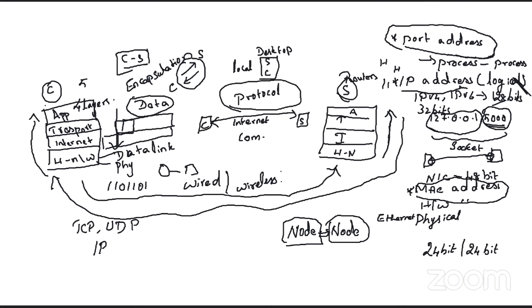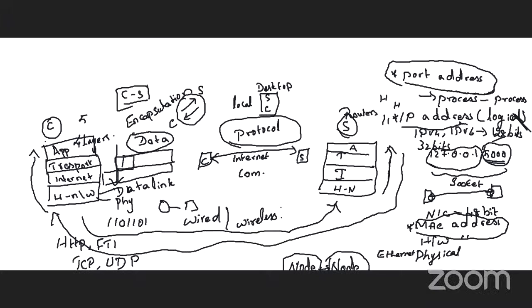And in the application layer, whatever protocols you have studied: HTTP or HTTPS, FTP, DNS (domain name system), and Telnet. Many protocols are available in the application layer, and these are the protocols that work in the corresponding layer.